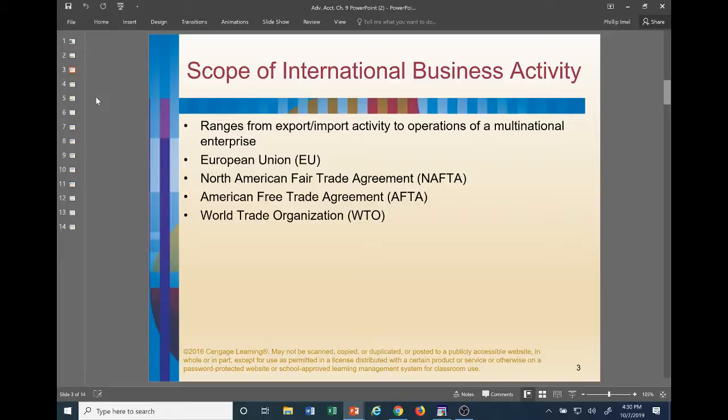Now, the comprehensive free trade agreements, such as the North American Free Trade Agreement, also known as NAFTA, and the American Free Trade Agreement, known as AFTA, as well as the World Trade Organization, the WTO, are all committed to reducing the trade barriers through multilateral agreements.